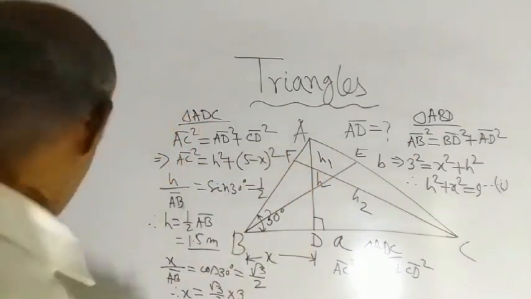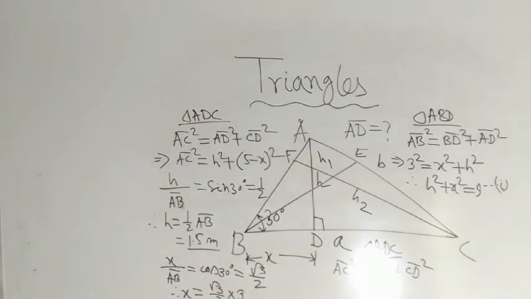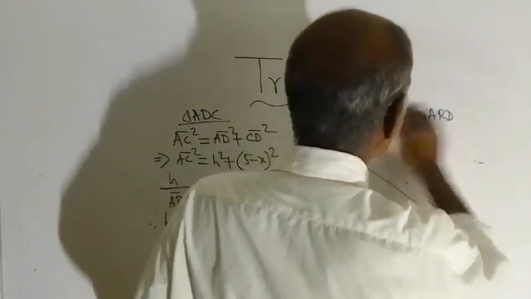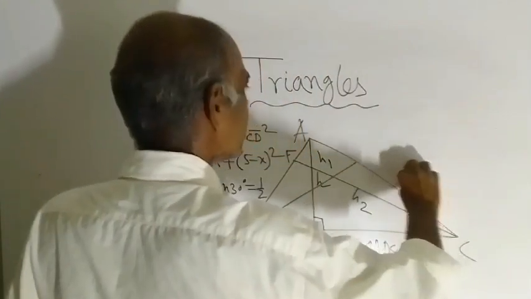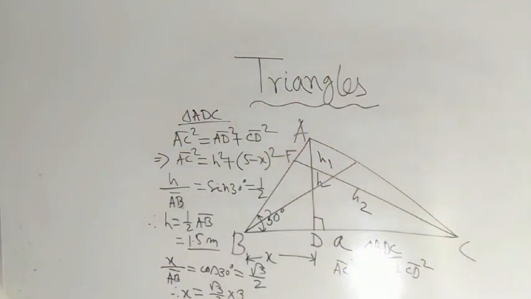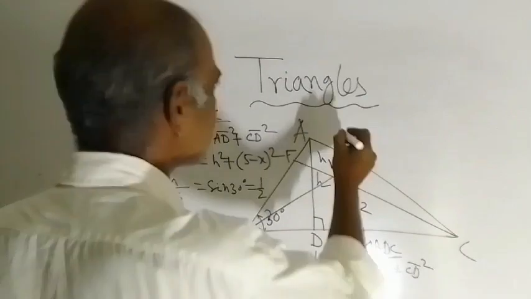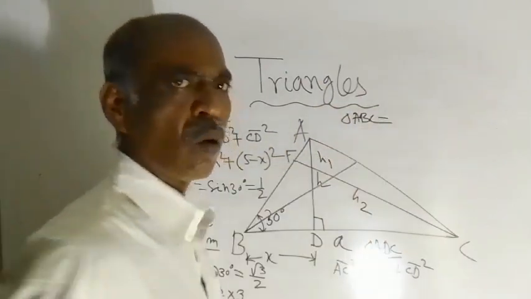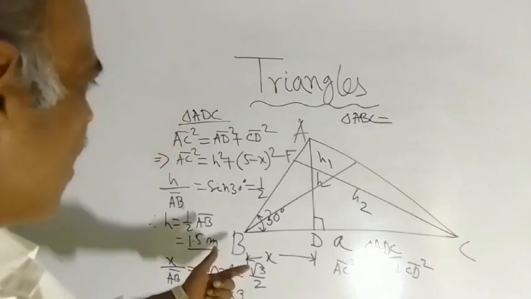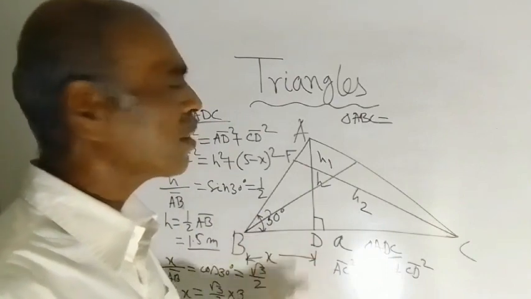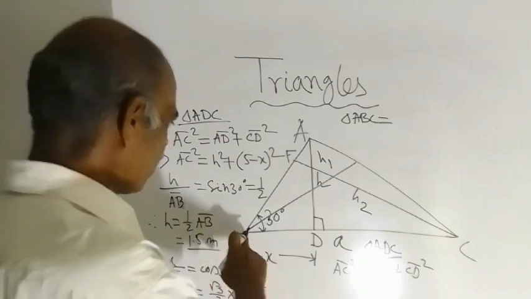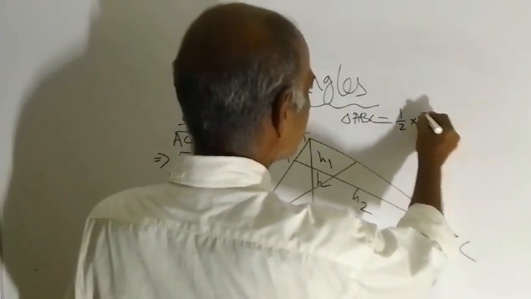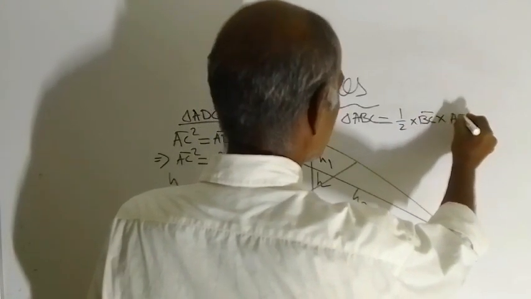Let me erase some part of this, otherwise I am not getting space to solve the given problem. First of all, find the area of the triangle ABC. What is the area of the triangle ABC? Obviously that is half into base into height. So that is half into BC into height AD.